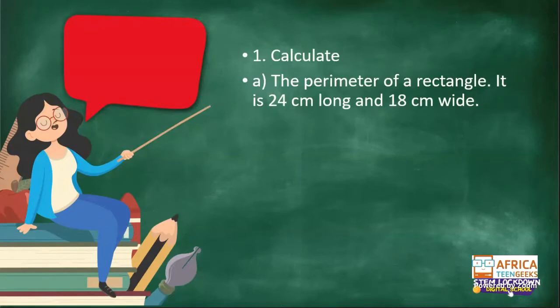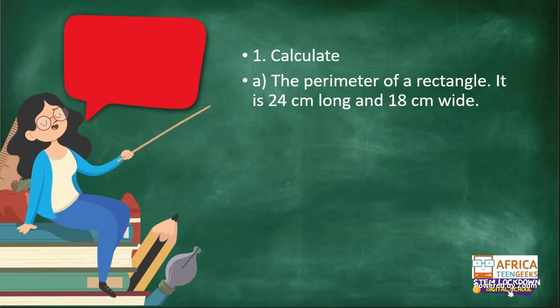It is 24 centimeters long and 18 centimeters wide. How are we going to calculate the perimeter of the rectangle given the 2 sides? We are given one side which is 24 centimeters, and then we also have the breadth there which is 18 centimeters.